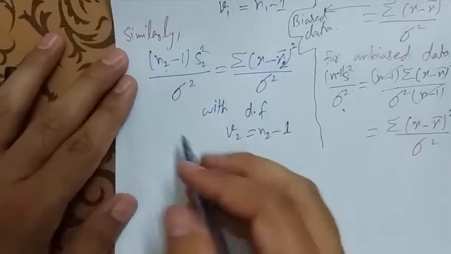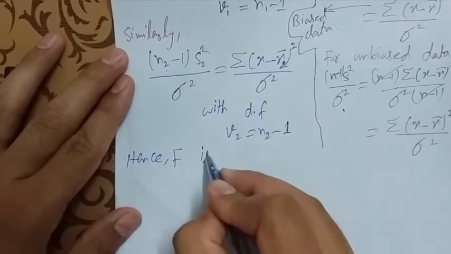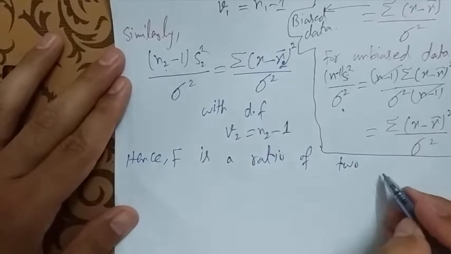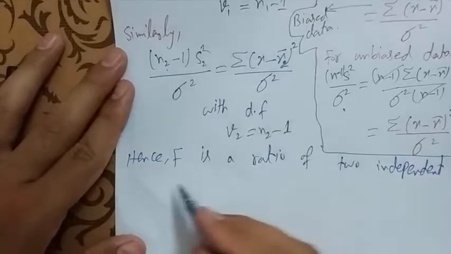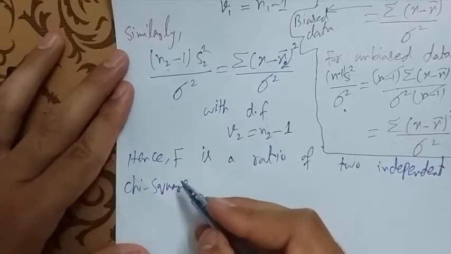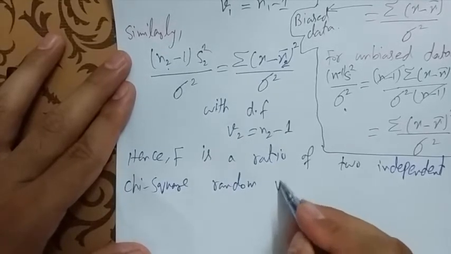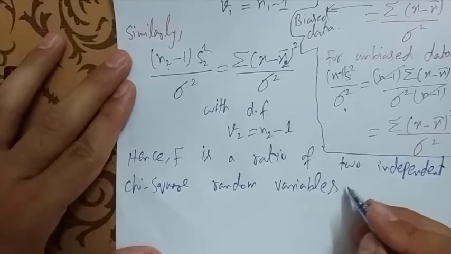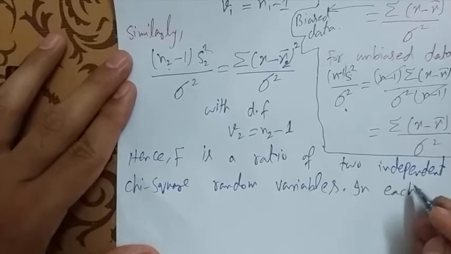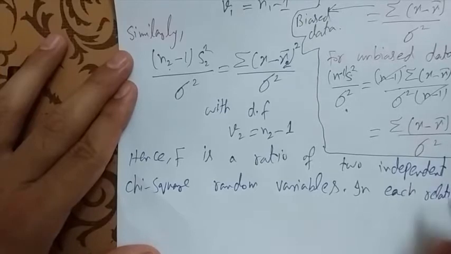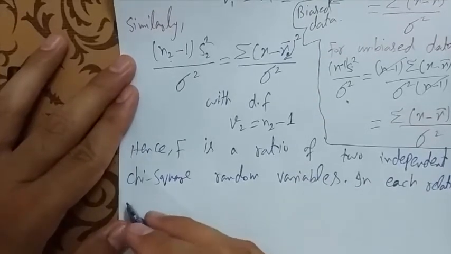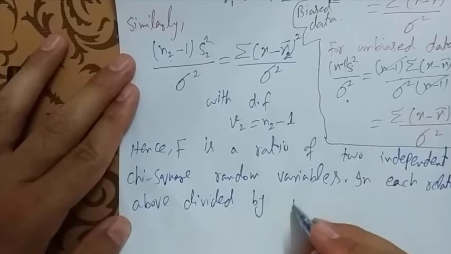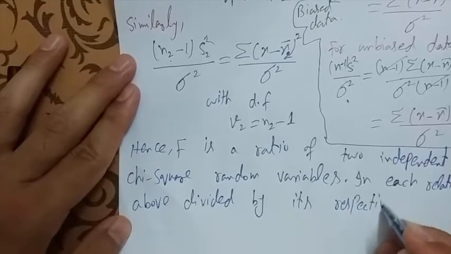Hence F is a ratio of two independent chi-square random variables, in each relation above divided by its respective mean.